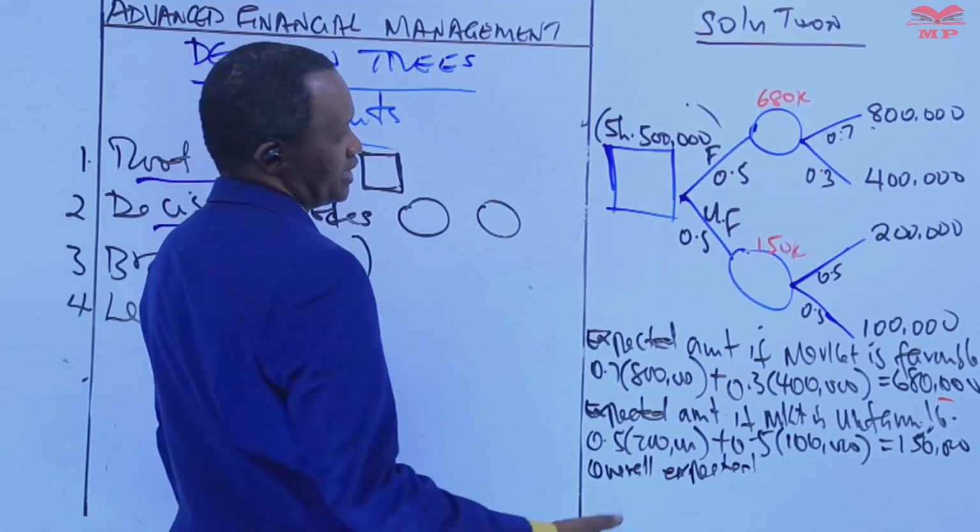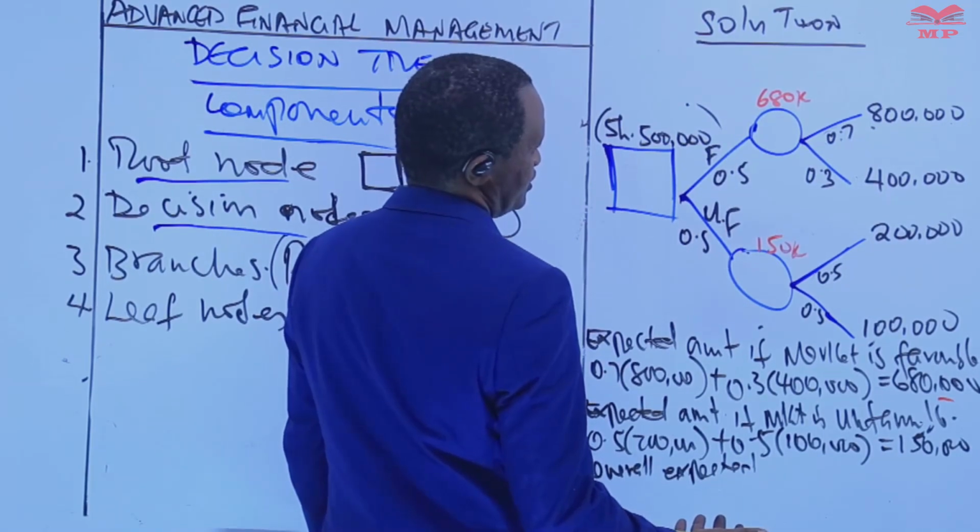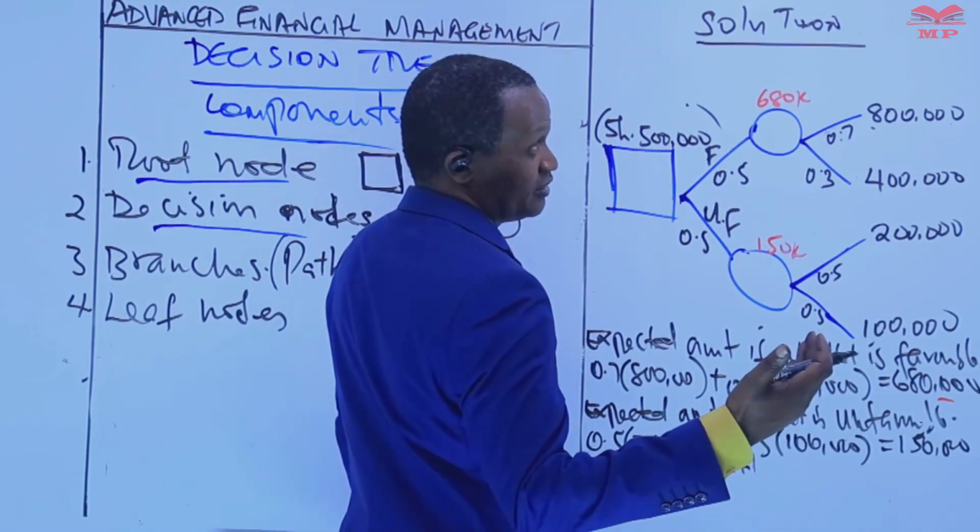Given that these are net cash inflows, we read these as present value cash flows.